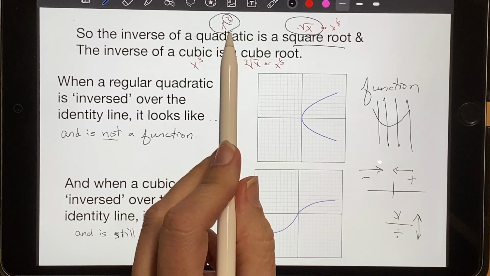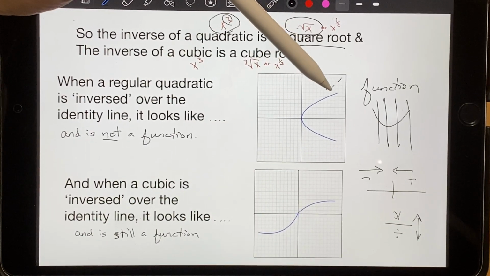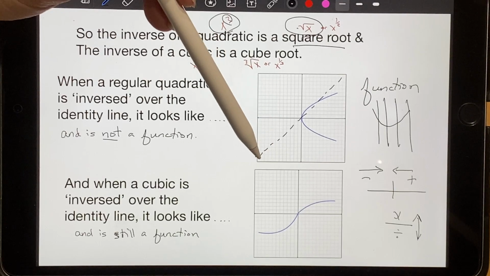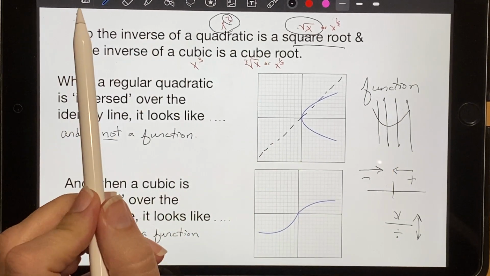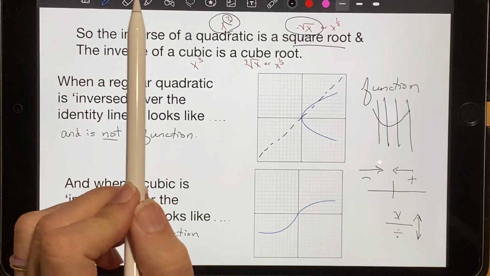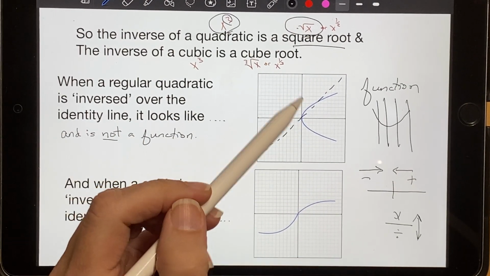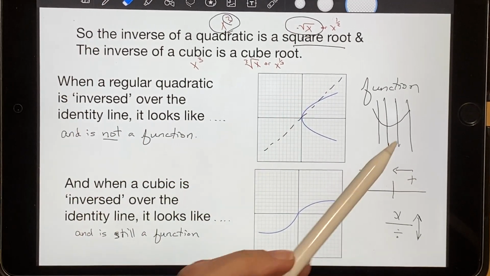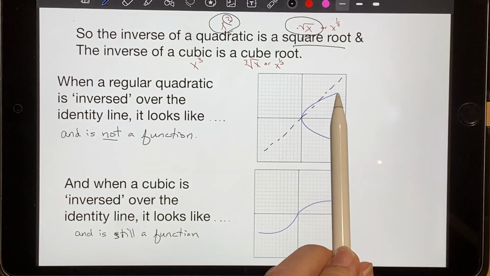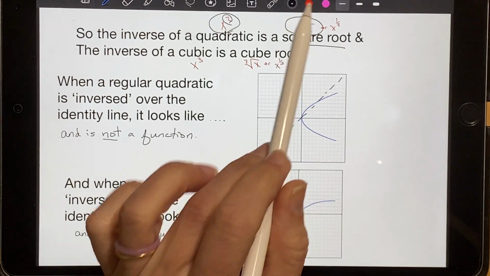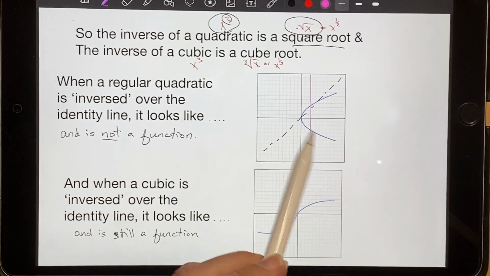But when we are going with roots, that line of reflection is this y equals x. So it shifts it differently, which we have seen with the inverses. And so as we are looking at it, our parabola is no longer up and down. It's no longer a vertical parabola. It is now a horizontal parabola. And this horizontal parabola does not pass the vertical line test.